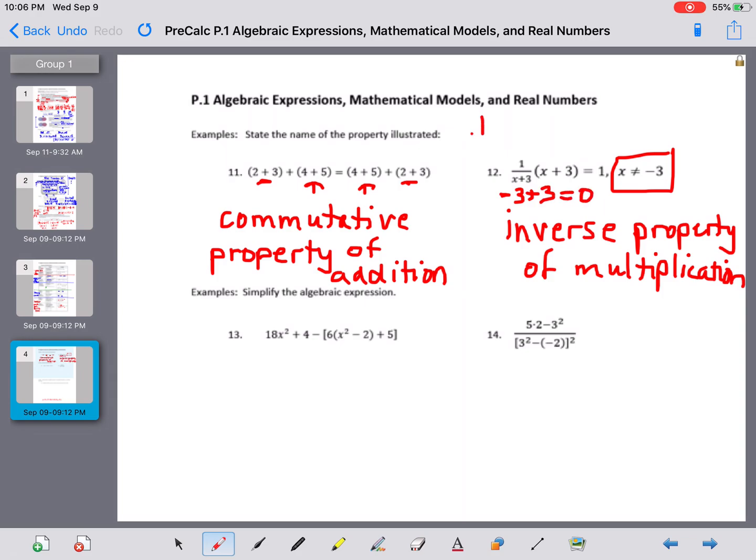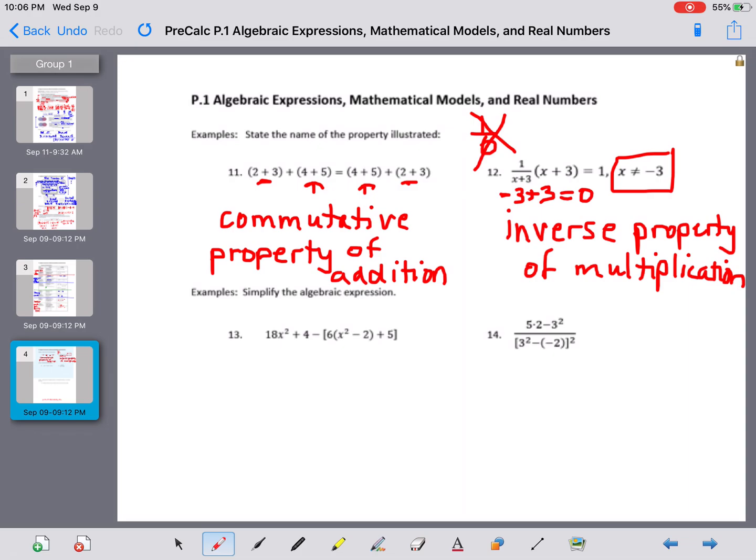Are we ever allowed to have a 0 in the denominator? No. That's not allowed, so that's why they give us that qualifier. We can do this problem and we can get 1 as long as we never use the value negative 3. Every other x will work, but not negative 3. So side note on that, not something that deals with the properties as much as always remember, never let the denominator equal 0.